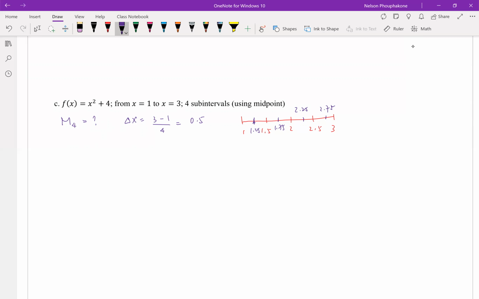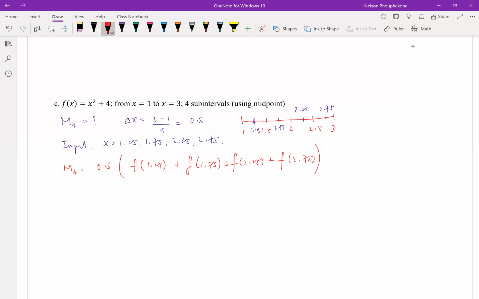So let me write down that my input x is 1.25, 1.75, 2.25, and 2.75. Okay. Then my M sub 4 is delta x, 0.5, times f of 1.25 plus f of 1.75, f of 2.25 and f of 2.75.